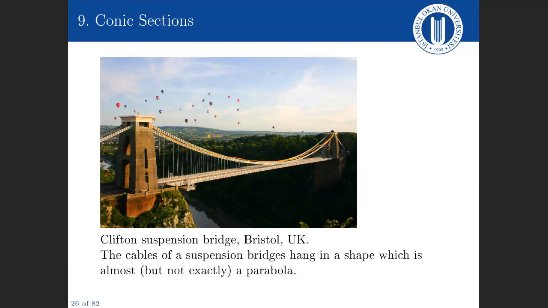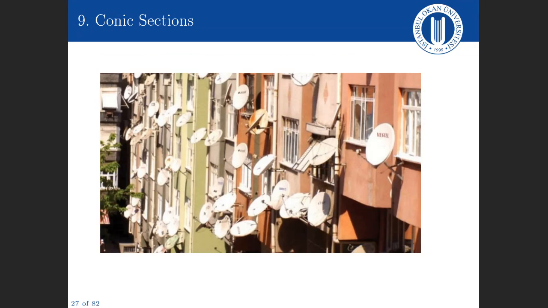If you become a bridge architect, you can ask your engineer to explain why it's slightly different. They will explain it's due to the weight of the bridge hanging down on the rope. But for purposes of drawing bridges, we can assume that it's a parabola. And we see parabolas on satellite dishes. If we did a line across a dish like this, the curve would be a parabola.